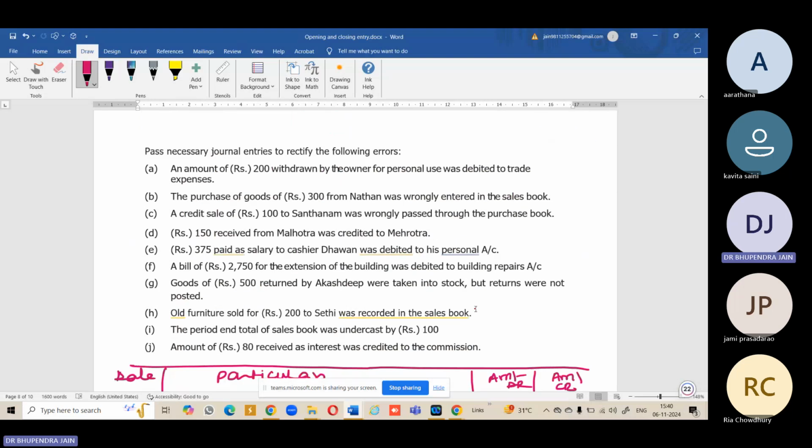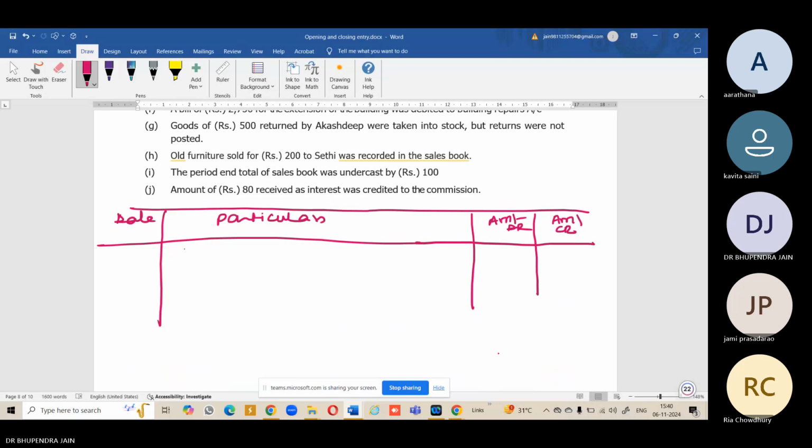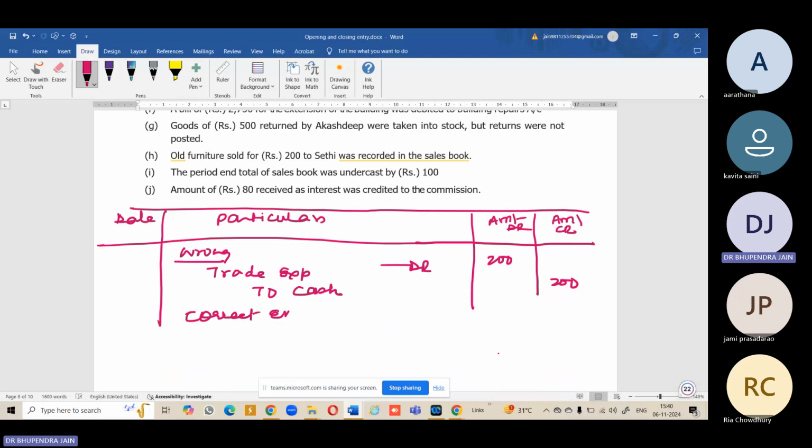An amount of rupees 200 withdrawn by the owner for personal use was debited to the trade expenses. What is the wrong entry? Trade expenses account debit to cash. This is the wrong entry. Then pass the correct entry.